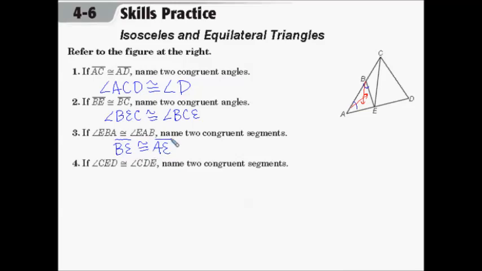Wait, but are those segments actually congruent? If these two angles are actually congruent, then these two sides are actually congruent. The pictures may not be drawn to scale. Okay? Yeah, because the theorem starts with if the sides are congruent, then the angles across from the sides are congruent, and then it goes the other direction.